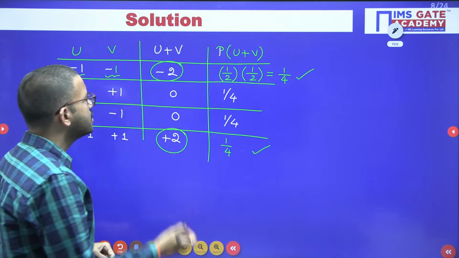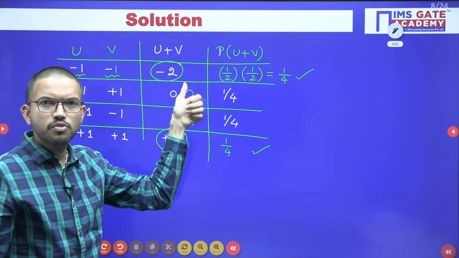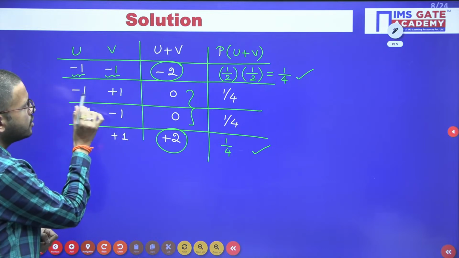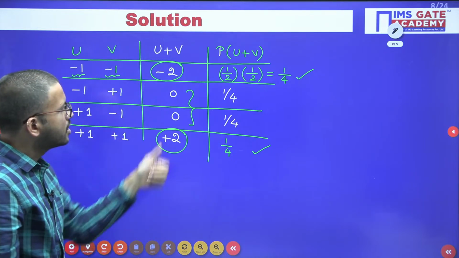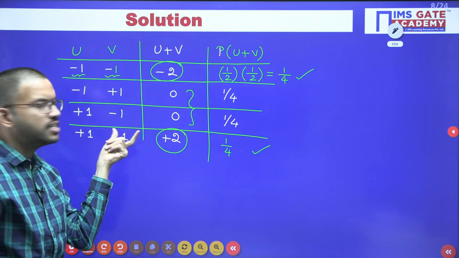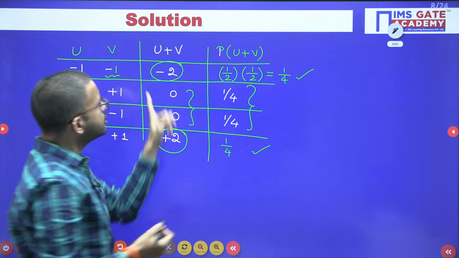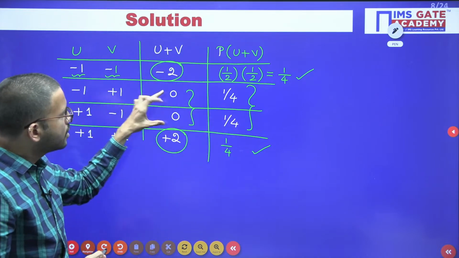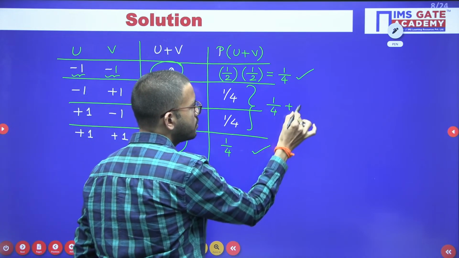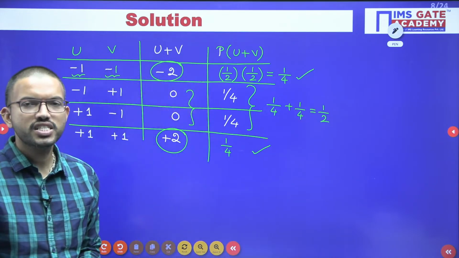Now see the beauty here. Regarding U plus V, you are going to get 0 for 2 combinations. When U value is -1 and V value is +1, the probability is 1 by 4. Similarly, there is one more possible combination with which you also get 0. Now in order to get U plus V as 0, together how much probability do you have? 1 by 4 plus 1 by 4, which is nothing but 1 by 2.